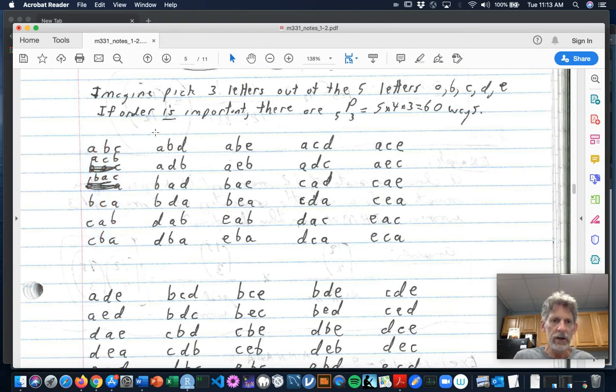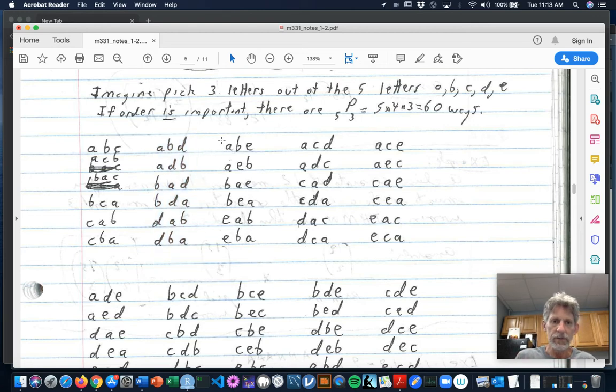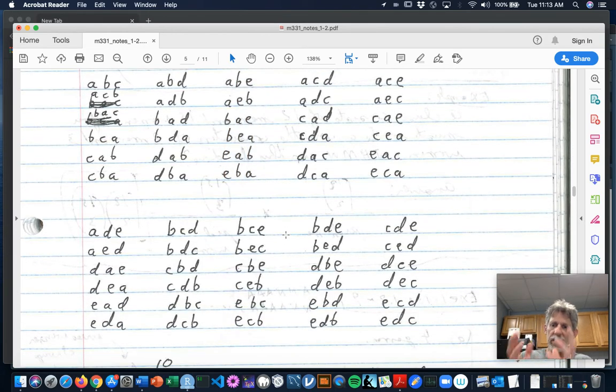And here, all the letters were A, B, and D. The order in which they came was different. And if you go down looking through this list, you'll see that in each of the little groups, the letters are the same. The order in which they were arranged was the only thing that differed. And you'll notice that each group has 6 items in it.